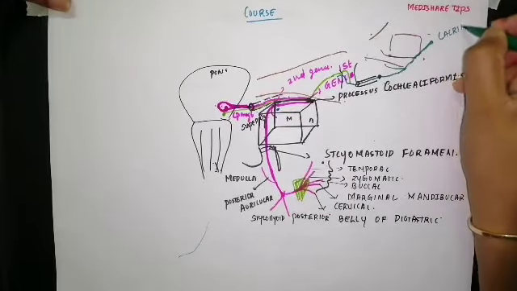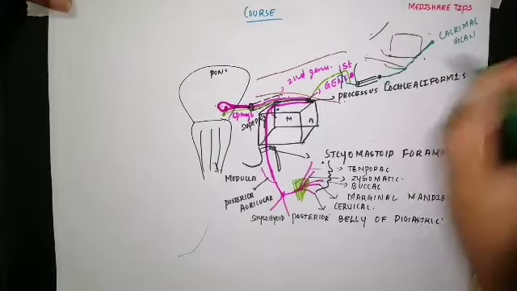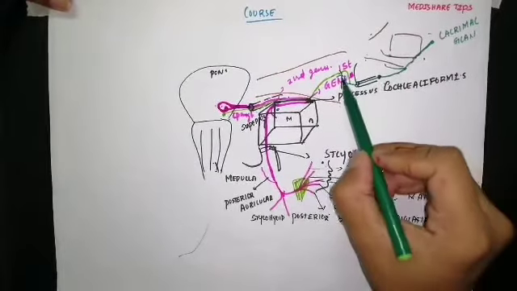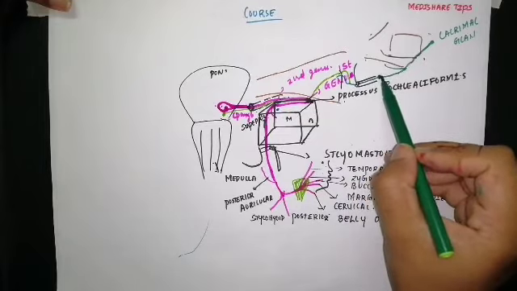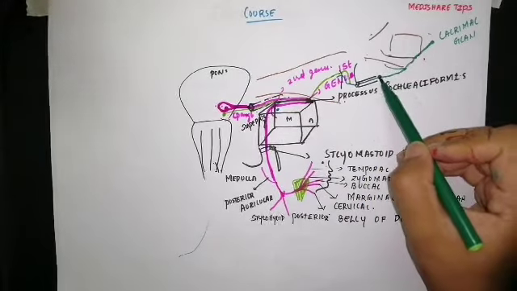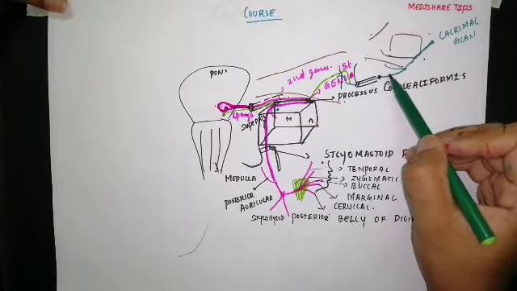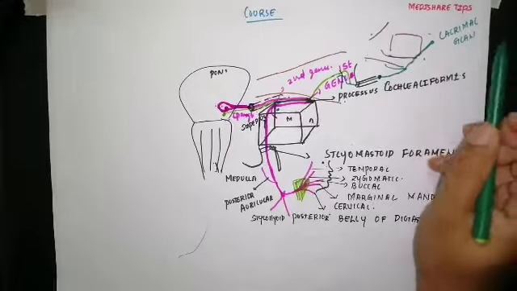So the parasympathetic fibers to the lacrimal gland are carried by the greater superficial petrosal nerve. It is joined by the deep petrosal nerve to form the nerve of the pterygoid canal, or Vidian nerve. The Vidian nerve relays in the pterygopalatine ganglion, and postganglionic parasympathetic fibers then reach the lacrimal gland.